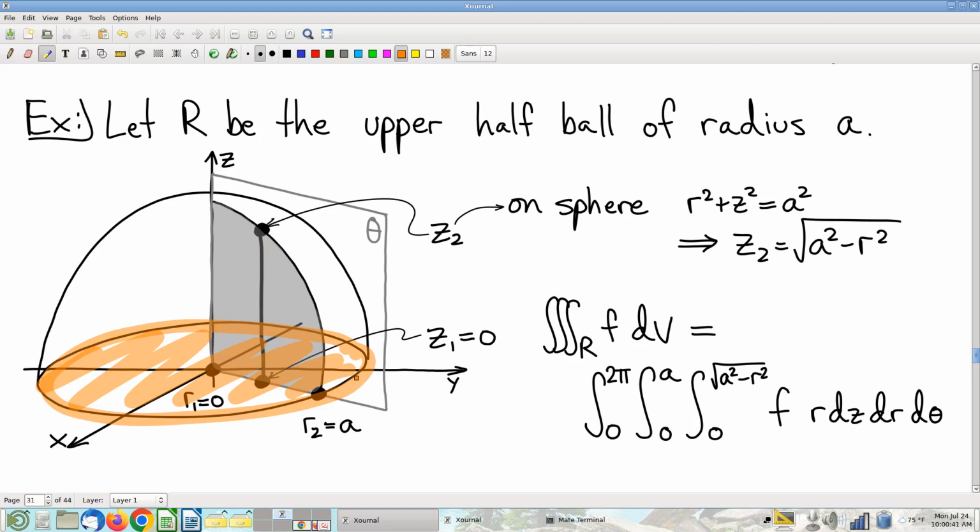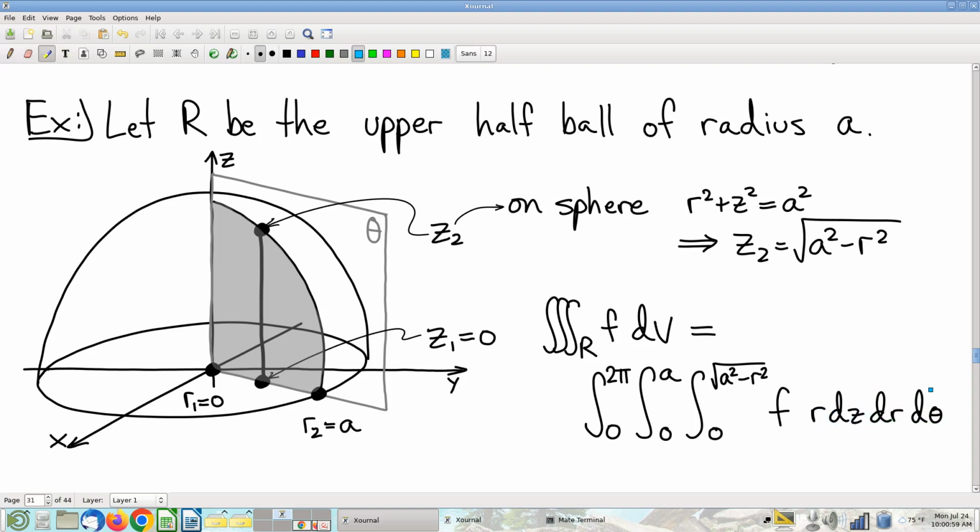Right, so double bad. Okay, so in cylindrical coordinates, now for no particular reason, I'm going to put the dr d theta on the outside and look at the dz on the inside. We'll try it the other way in just a moment, but let's do this one first.